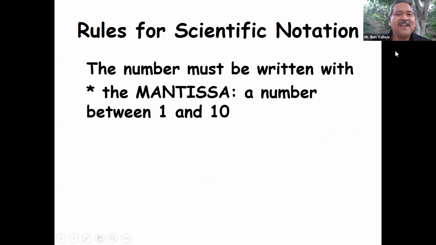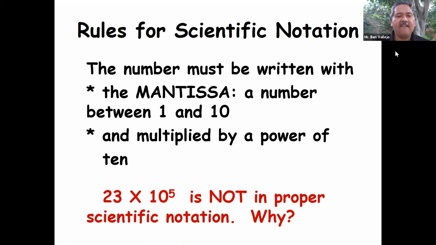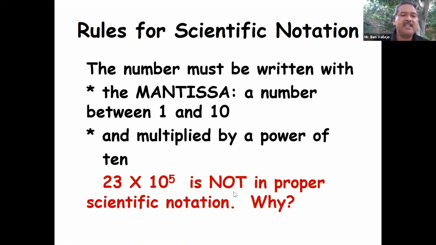Okay, so the number must be written with what's called the mantissa. The mantissa is a number between 1 and 10. And you can see in the example at the bottom of the slide, it's going to be something like this. This number right here is called the mantissa.